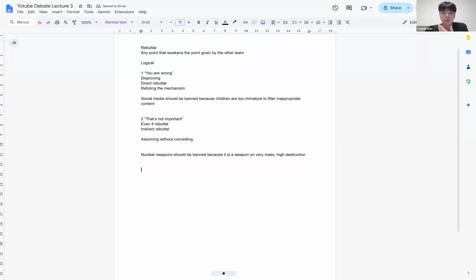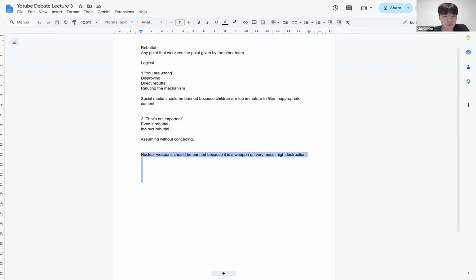Then you can argue, hey, nuclear weapons are not dangerous, by giving the direct rebuttal, but that point would be weak because nuclear weapons are dangerous, and we all know that. So what you would rather say is, hey, we know that these are weapons with high destruction, but that's not important because even if they are weapons that may highly destruct society, that's not done because world peace is kept since we have nuclear weapons, as countries do not attack each other because they fear that the world will go into not just chaos, but actual destruction.